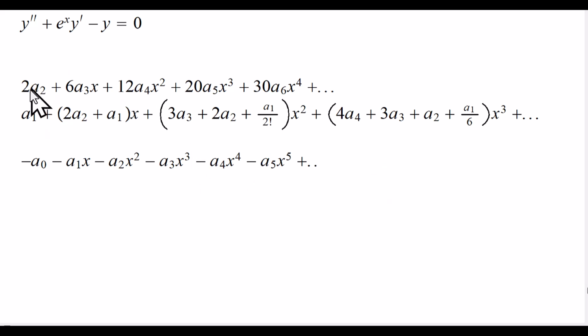All right, now let's combine the like powers of x. So what we have first is 2a2 plus a1 minus a0, that's our constant term. And then we have plus 6a3, and then we got 2a2 plus a1 for x from here.